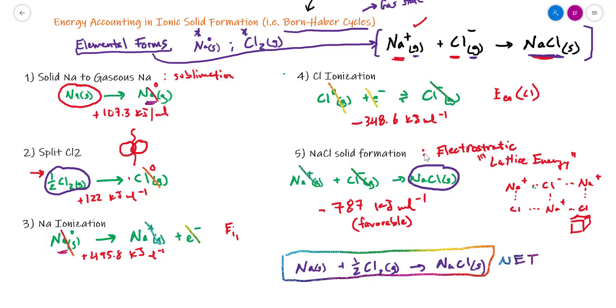And so if we added all of these things up together, which I'll show you in a second, we would end up having just sodium solid plus a half of chlorine gas and sodium chloride solid. That would be the net reaction, which is the actual elemental reaction, right? And so if we can then add up all of the individual energies for these steps, that will allow us to account for what the overall energy change for this reaction is.